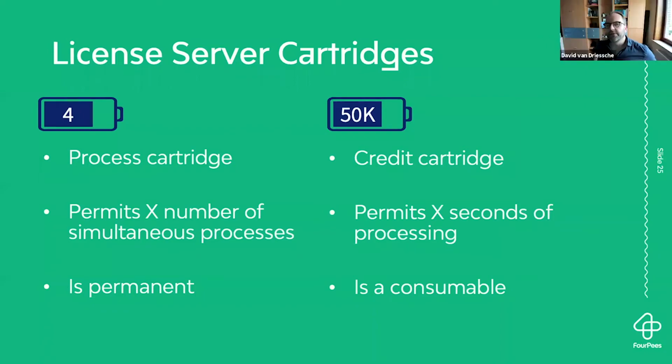Yeah, so the license server offers an interface. The license server itself is just a command line application that you launch somewhere, but it offers a web interface that you can serve from a different machine. And that will show you the overview of the license server, what is happening on it, what are the cartridges that are in there, and so on.